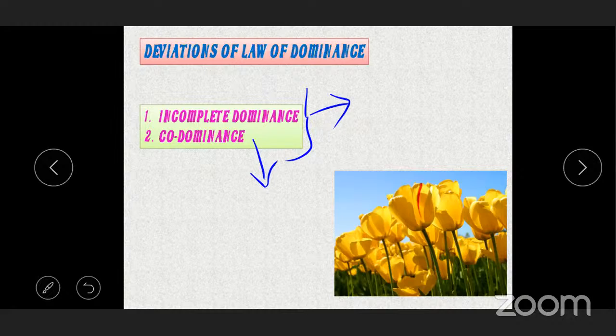What is the law of dominance? Any one parental character is expressed in the F1 generation or the next generation. That is the law of dominance actually. But in these two situations, the law of dominance is not applicable. That is why these two are known as deviations of the law of dominance.